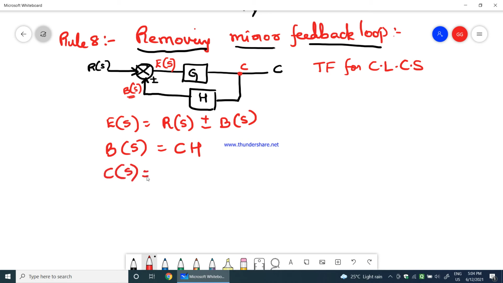Instead of C and H, I'll write in terms of S. So B of S is C of S into H of S. Now what is C of S here?